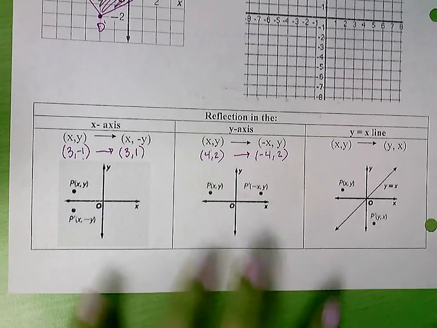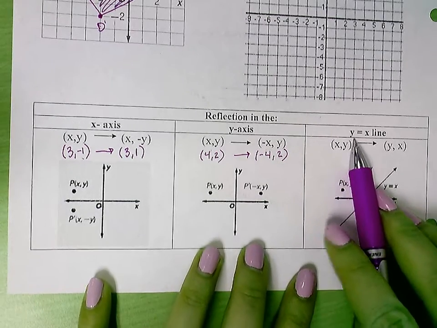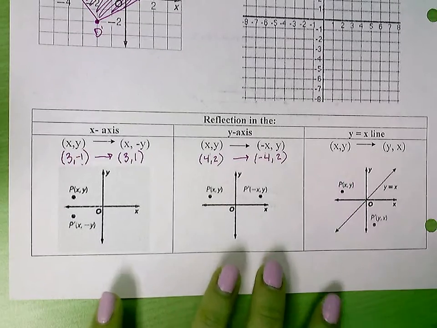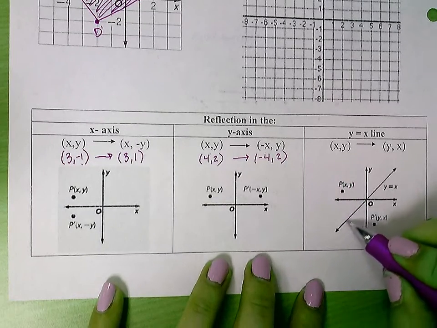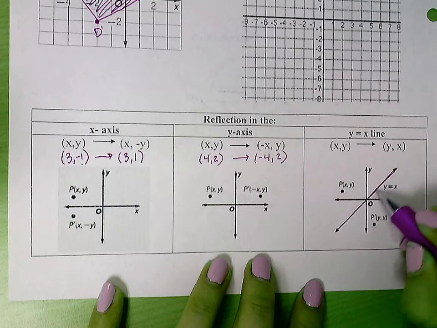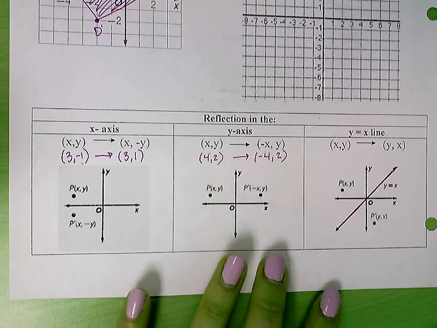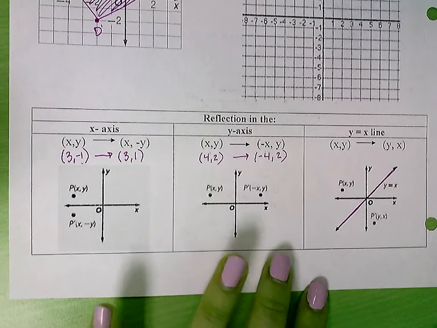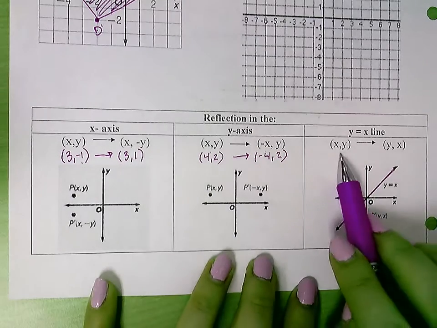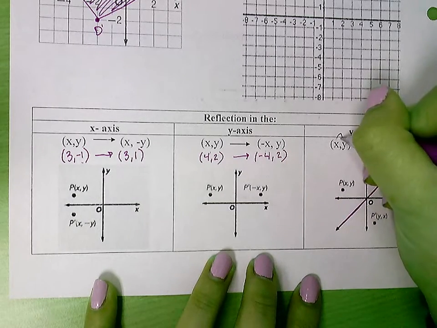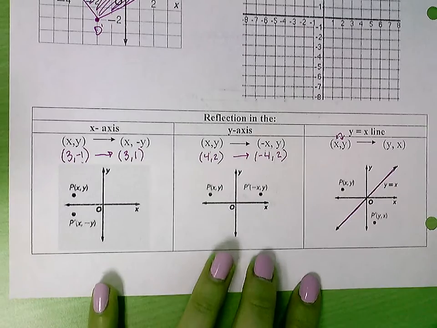The last one is the y equals x line. Your y equals x line is this line right here. It's that diagonal line with a slope of 1. How we change our original is you just flip-flop your x and y values.